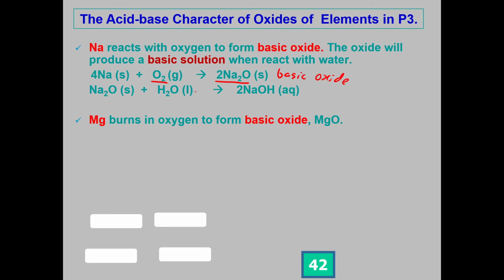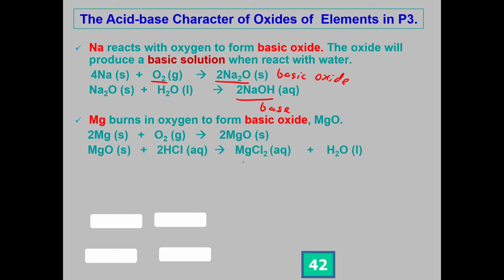And bila kita tambah dengan water, basic oxide ni akan bertukar menjadi base. That's why it's called a basic oxide. Okay, and magnesium also a basic oxide, a metals juga, tambah water, and kita akan dapat base.